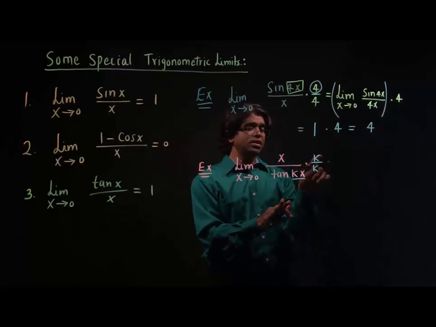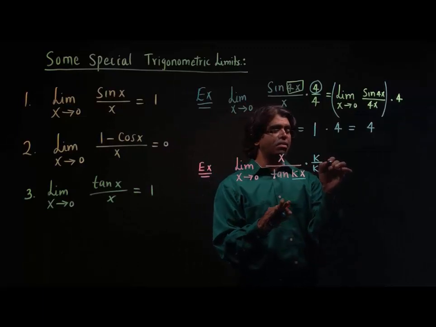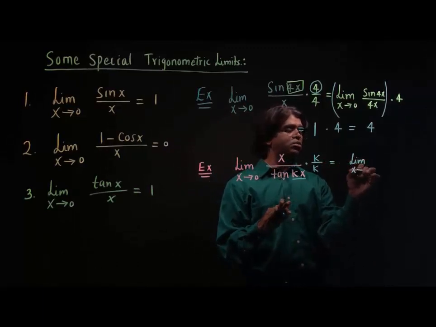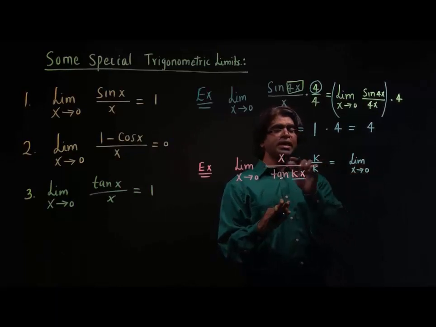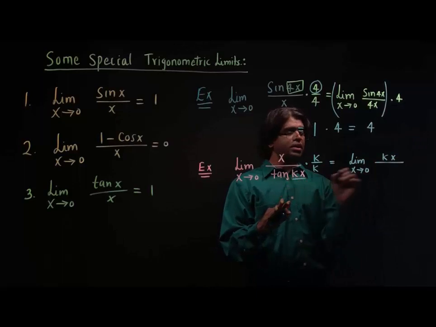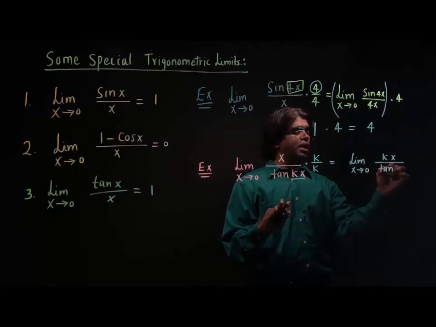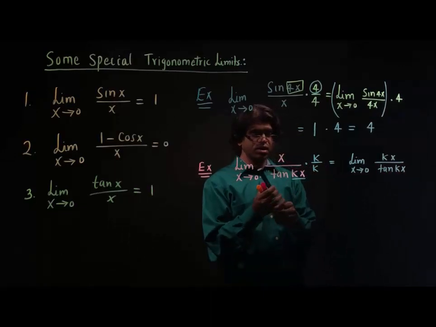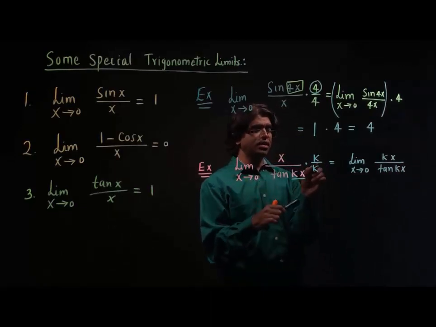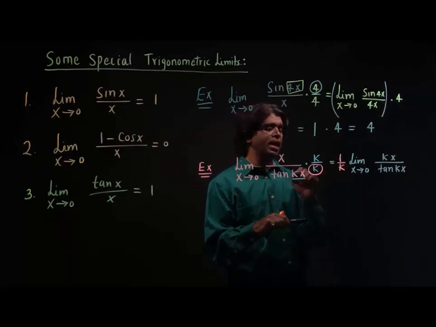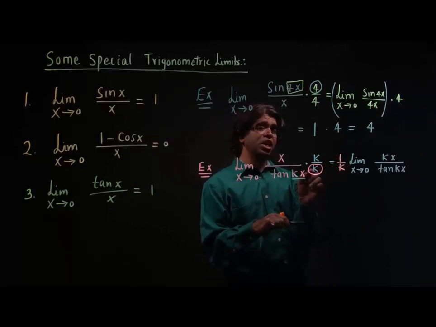So this k will go with x, and I will write this is equal to limit x tends to 0, k times x is kx over tangent kx, and this k from the denominator can go up front and I can write 1 over k, because this k is at the denominator.